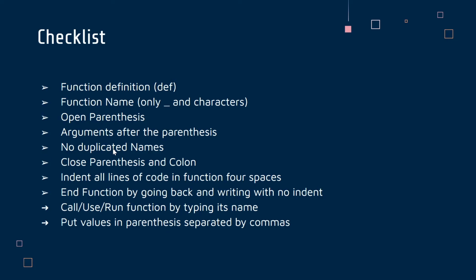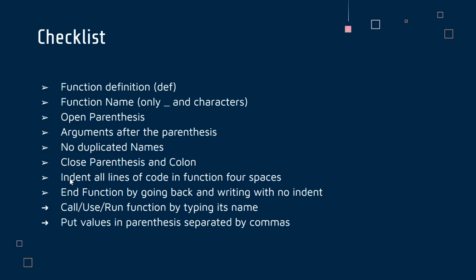Don't duplicate names throughout, because that would cause different errors. Make sure each argument is unique, because if it's not going to take the same argument, then why would you name it the same thing? That would mess the code up. You close the parenthesis, then start the colon.